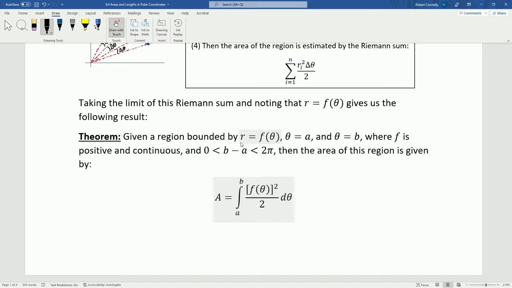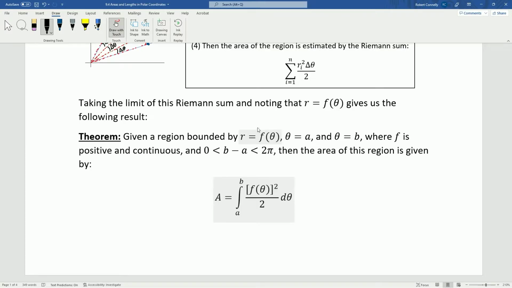Given a region bounded by r equals f of theta, theta equals a, and theta equals b, where f is positive and continuous, and b minus a is between 0 and 2 pi, then the area of this region is given by the integral from a to b of f of theta squared over 2 d theta.